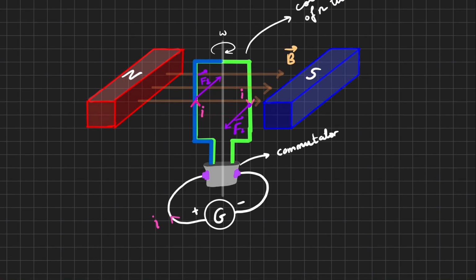So this induced electromotive force is called back electromotive force, and it's opposite to the one in the generator. So if the one from the generator is like this, the back electromotive force would be in this direction.